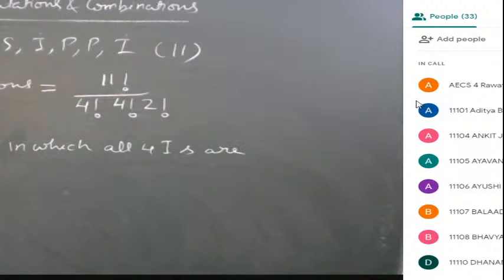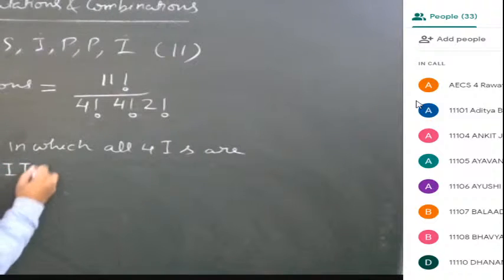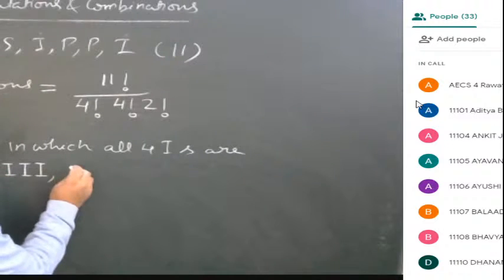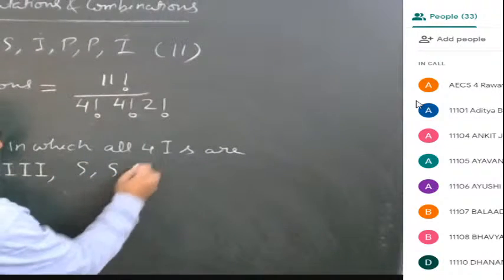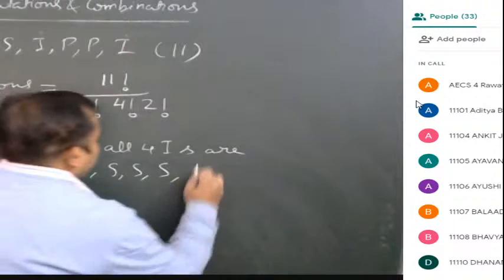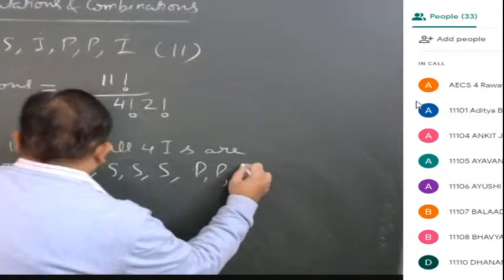Then the number of permutations in which all the four I's are together. Together means how you have to do? M is there. All four I's you have to treat like a single letter. I have kept them together and I am going to treat them like a single letter. Then S, each S, and double P, and that's it.